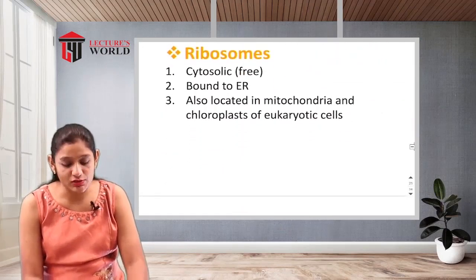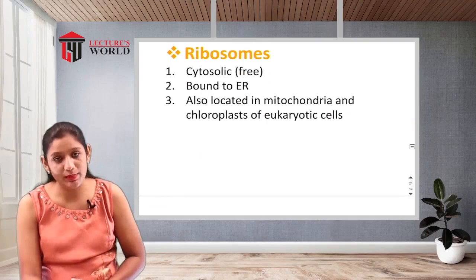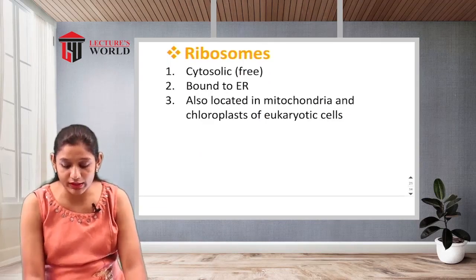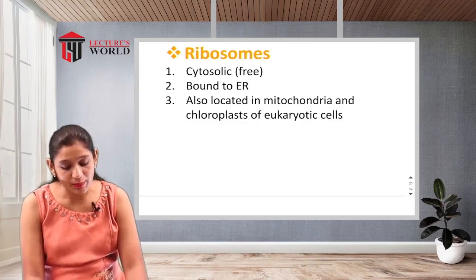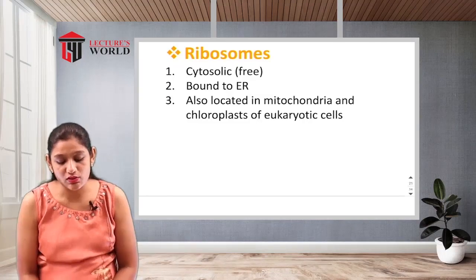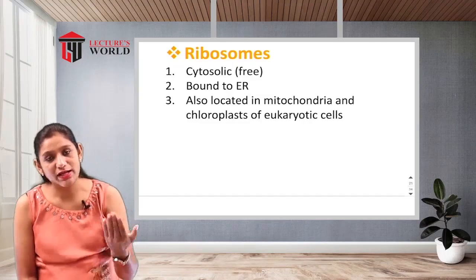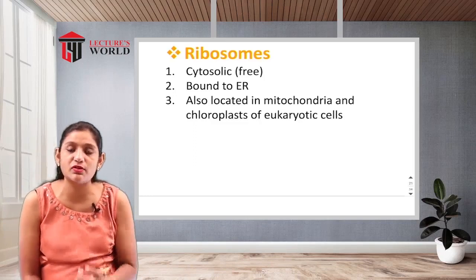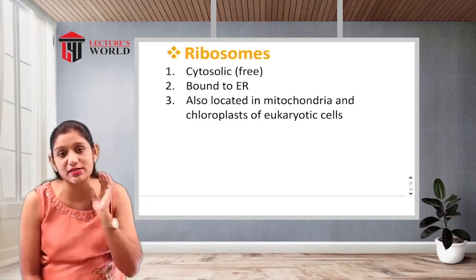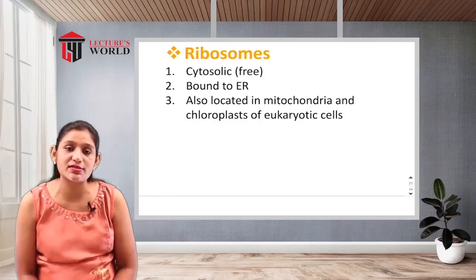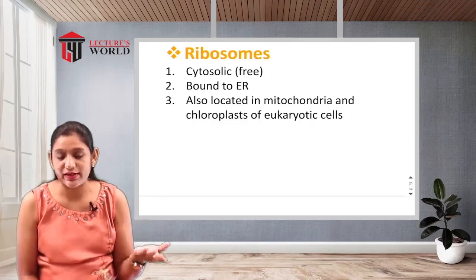Ribosomes are cytosolic, bound to the endoplasmic reticulum, and also located in the mitochondria and chloroplast of the eukaryotic cell. How will it be observed? In the cytosolic case, free in the cytoplasm, the ribosome is observed in the cytoplasm, and the whole process takes place there, so they are called cytosolic factors.